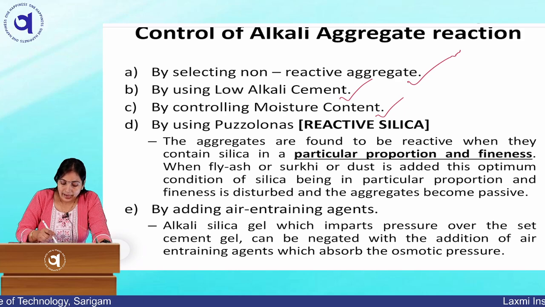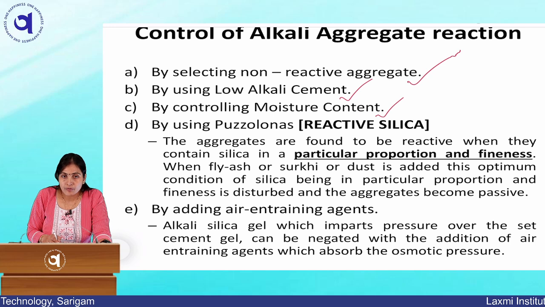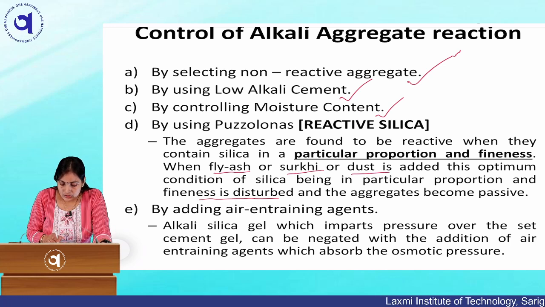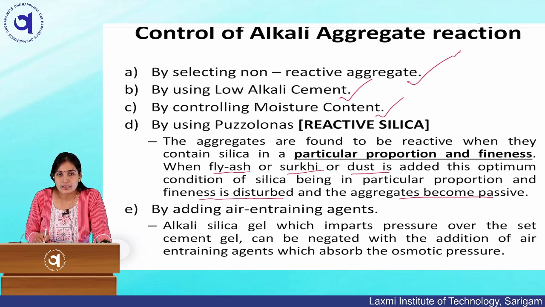So, when fly ash or pozzolanic materials such as fly ash or surkhi or dust are added to the optimum condition of silica, in particular proportion and fineness, the aggregate becomes passive. Passive means it will not react.